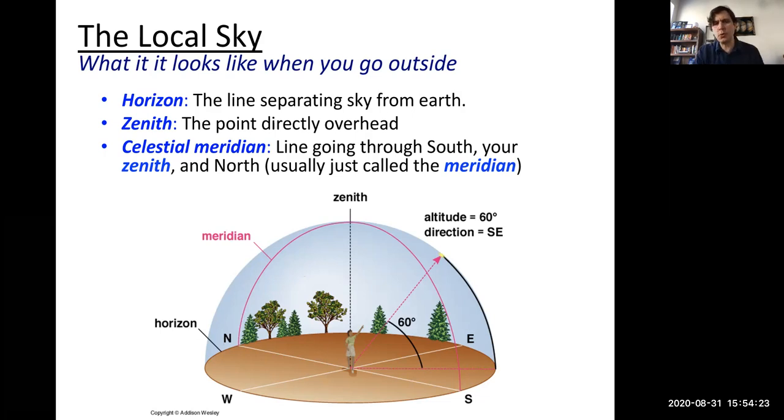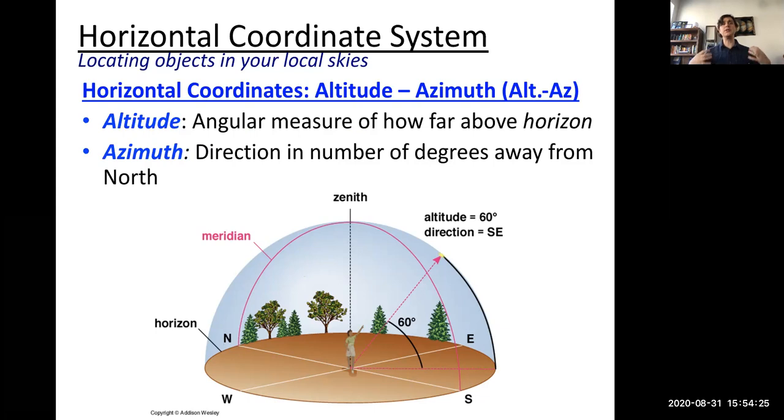What about this coordinate system, what's called the horizontal coordinate system? Notice that horizon is right in horizontal because we are using our local horizon. This is the coordinate system that works for our local horizon. The horizontal coordinates are called altitude and azimuth, or alt-az for short. Alt for altitude, az for azimuth.